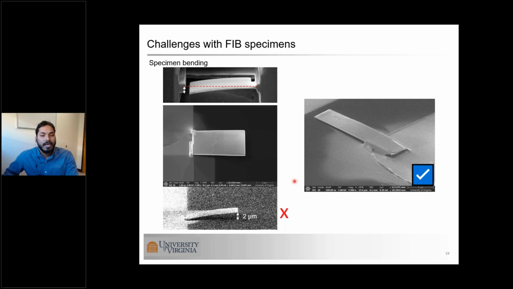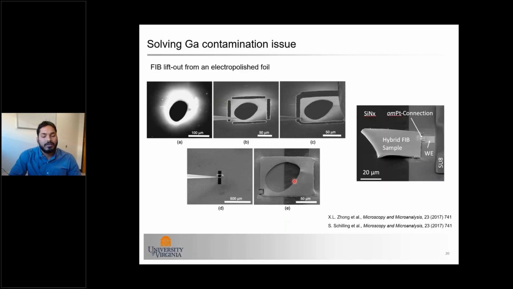Now, when we talk about FIB lamella, there has always been this discussion on the effect of gallium implantation or gallium contamination when we prepare the lift out specimen. Although electrochemistry wise, we do not have any result or any work showing the effect of gallium implantation.